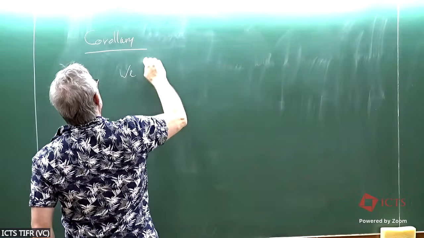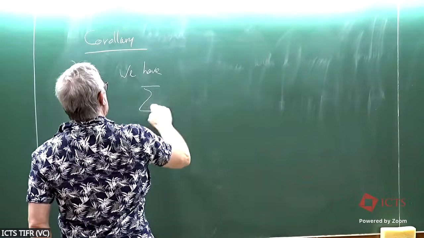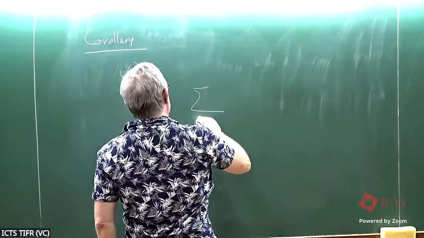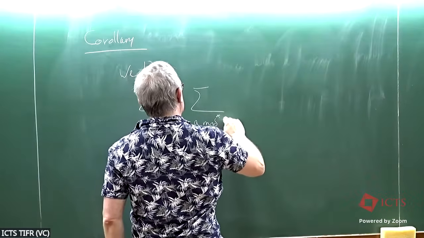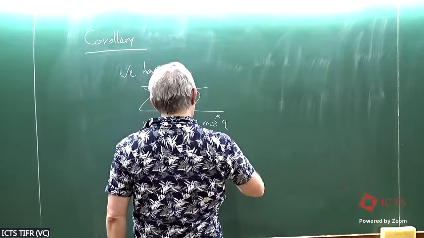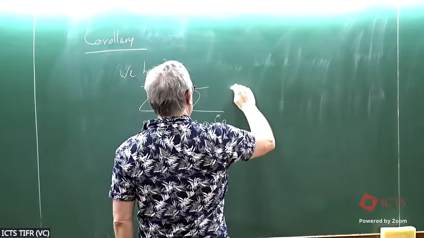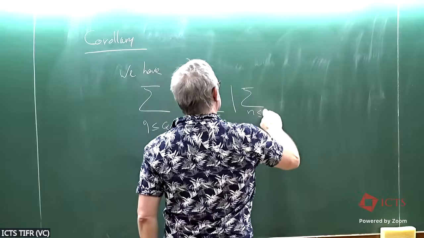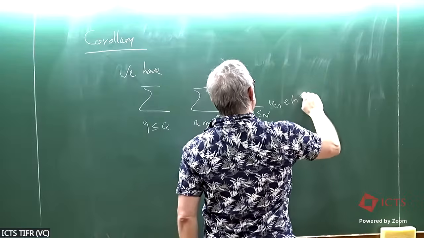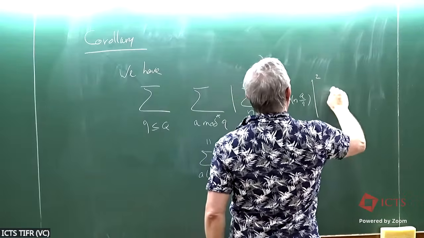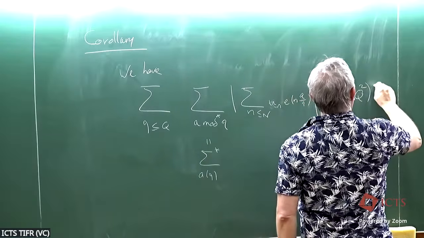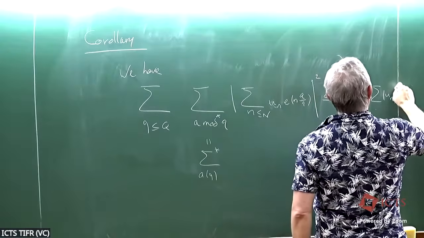We have the sum for q less than capital Q, sum for a mod* q, of the sum over n less than N of u_n e(an/q), less than N plus Q squared times the sum of u_n squared.